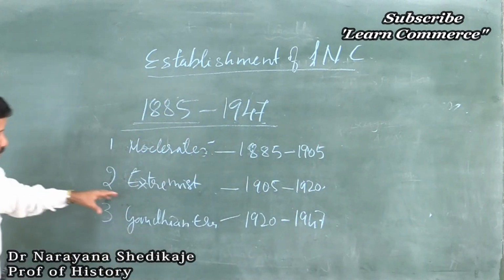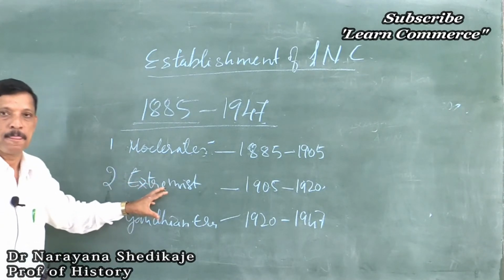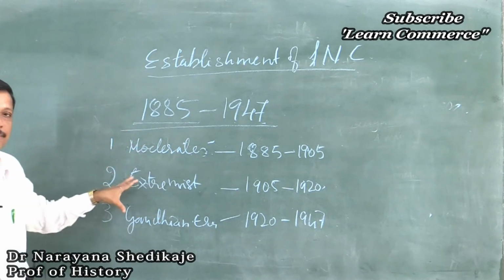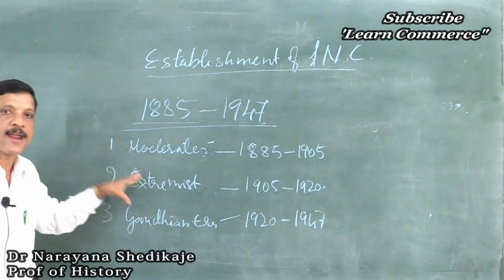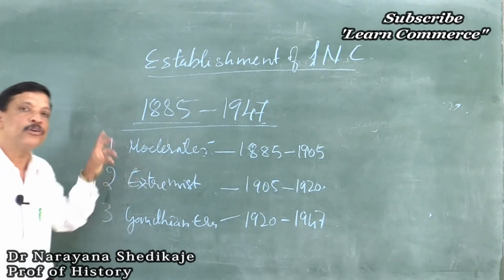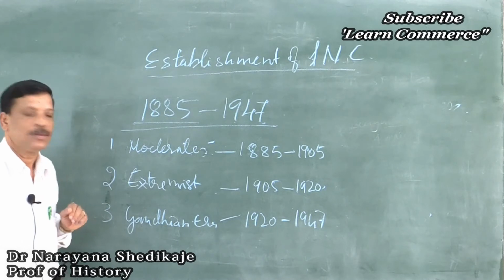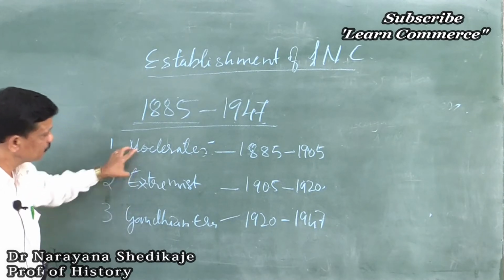So this is a long period in which, in different stages and in different ways, people fought against the British. These are the important stages of the national movement.